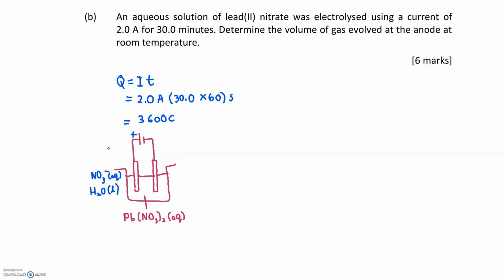The question does not state whether the electrode used is an inert or active electrode, but we know that if an active electrode is used, which will be lead solid, it will be oxidized into Pb2+ ions, which is not a gas.